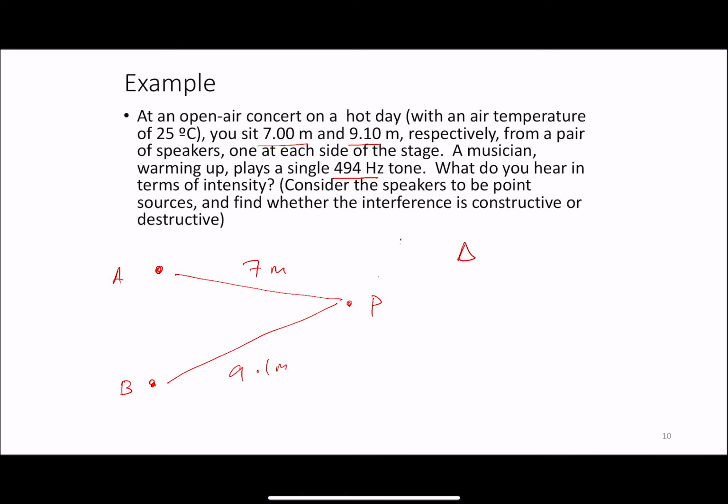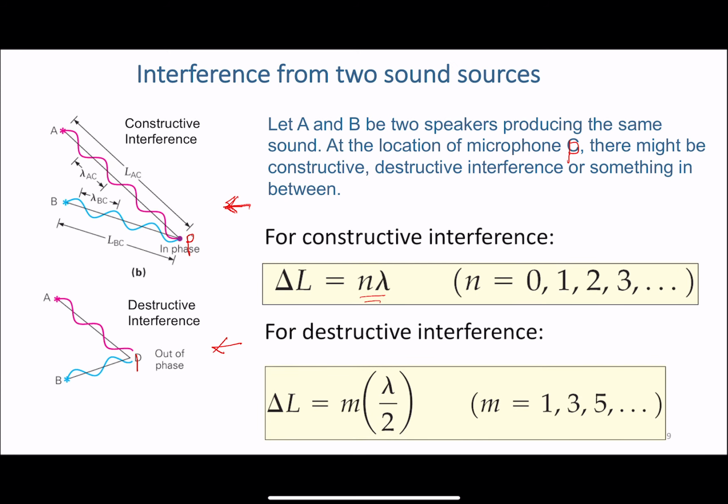The path difference delta L will be 9.1 minus 7, which is 2.1 meters, right? Now you need to figure out the wavelength of the wave. You just want to see which of these conditions is satisfied. Is it this one or is it this one? If neither of these are satisfied, then you know that it's something in between constructive or destructive interference.